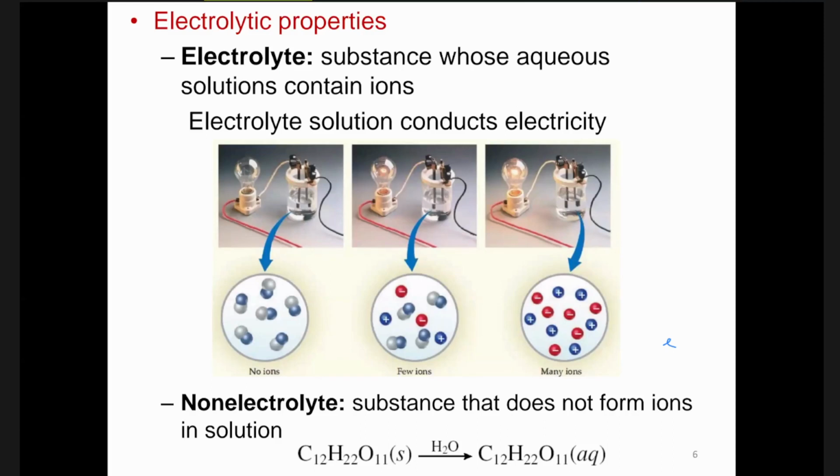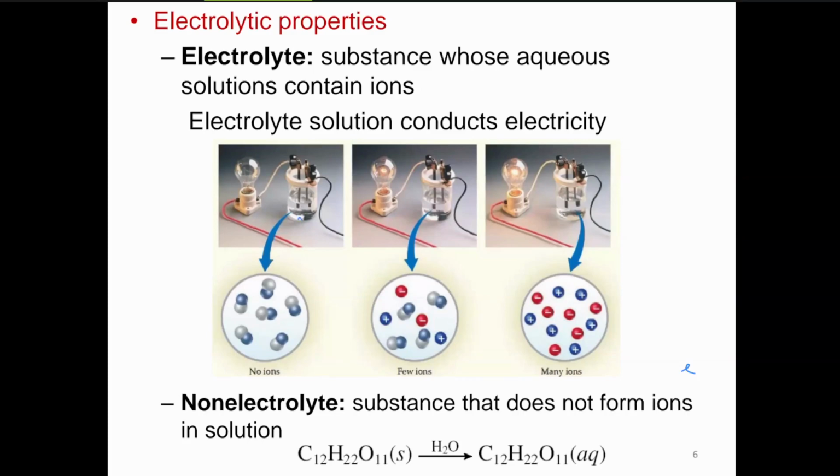Imagine that you have three different solutions. The first contains a non-ionic compound, which we call a molecular compound. In the second solution, a few ions are generated when you put it in the water. And in the other solution, many ions are generated.